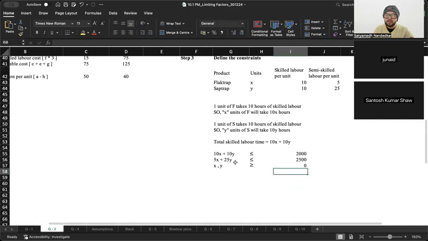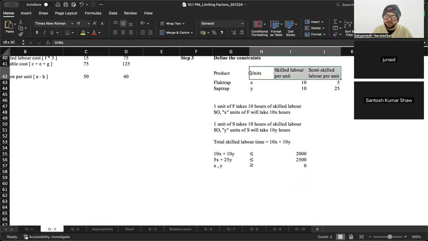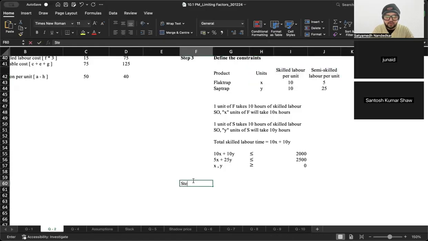Okay, so I have my total skilled labor hours, I have my total semi-skilled labor hours, I also have my non-negativity constraint.